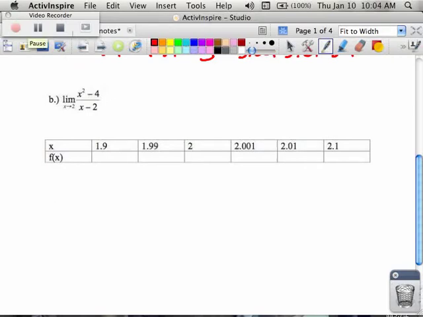In the next problem, I'm actually going to use my calculator to talk about what's going on. And then I'm going to show you algebraically how I do it. You can leave your calculators put away.